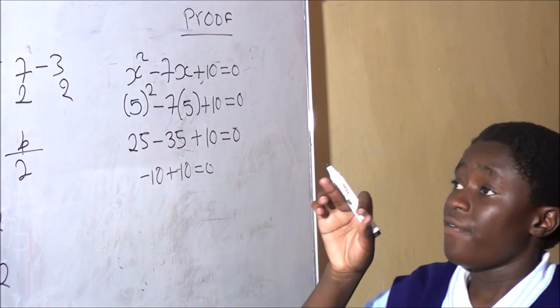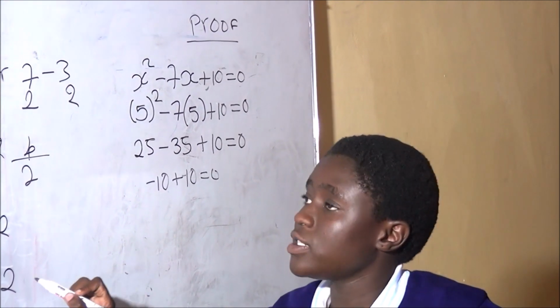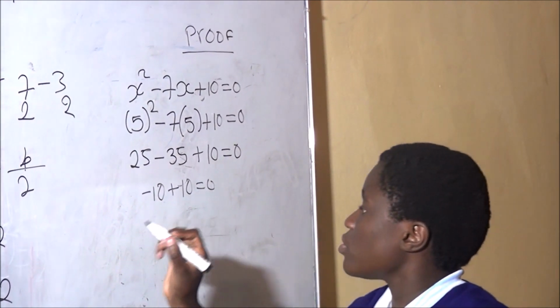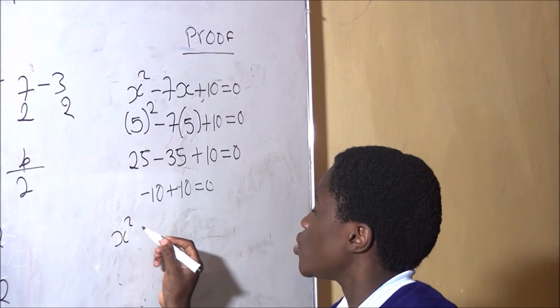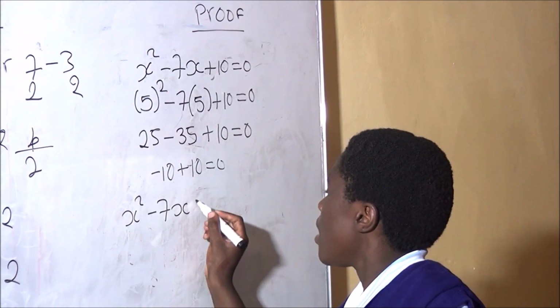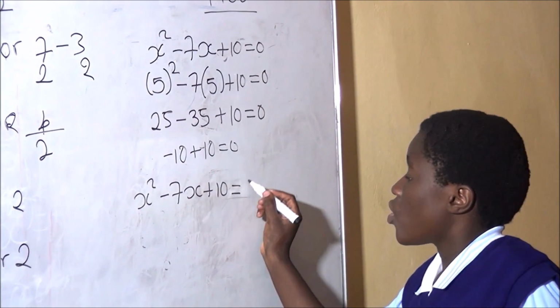Then we are going to prove the value of x that we found was 2 again. So we substitute x is equal to 2 into x squared minus 7x plus 10 is equal to 0.